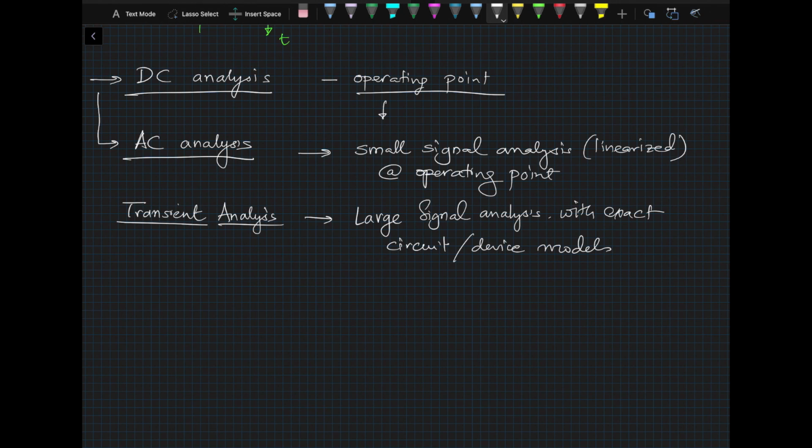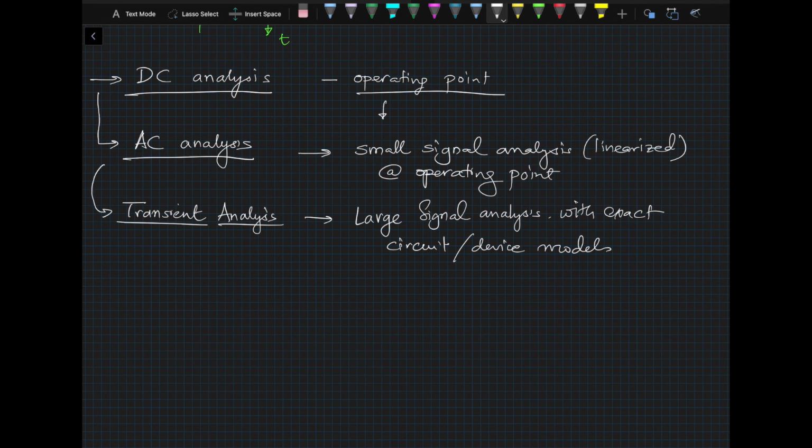Then we would plug it into a simulator and again do DC and AC analysis because they are really fast. Once you are satisfied with that, we would do the final transient analysis, which takes longer.